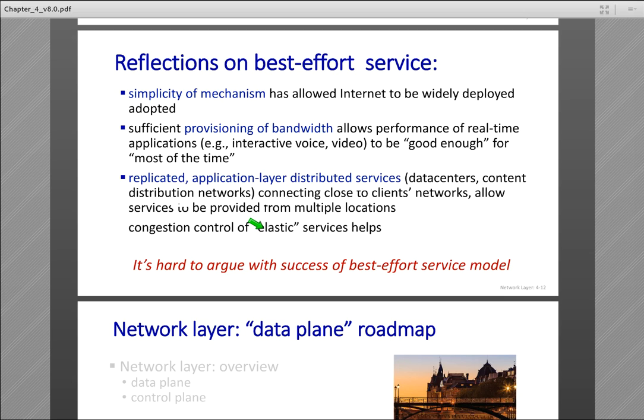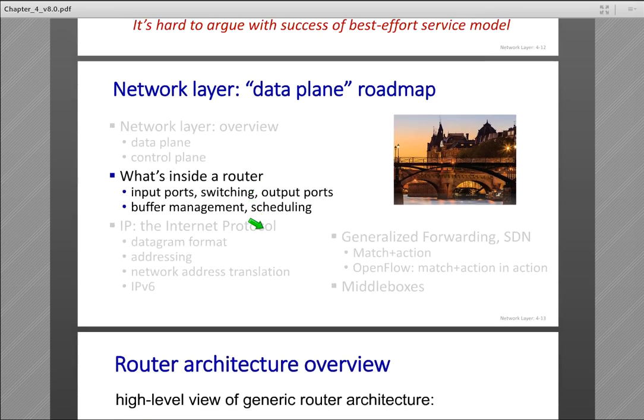We can tolerate some bad news. But still, we care about this. Still, it's hard for us to argue with the success of the best effort service model. It tries to be good, but nobody can guarantee this. Okay, that is enough for today.